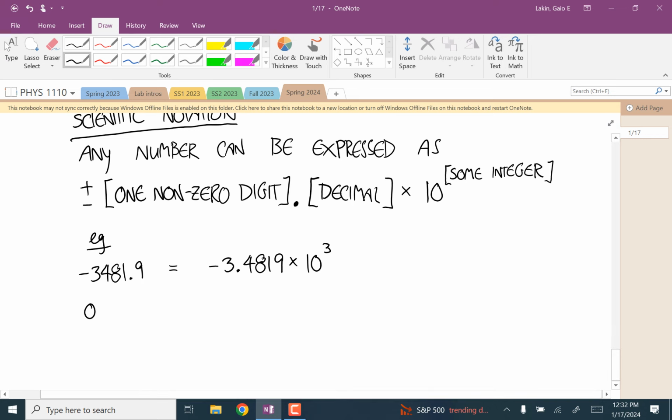And the number 0.0087 is equal to 8.7 times 10 to the minus third.